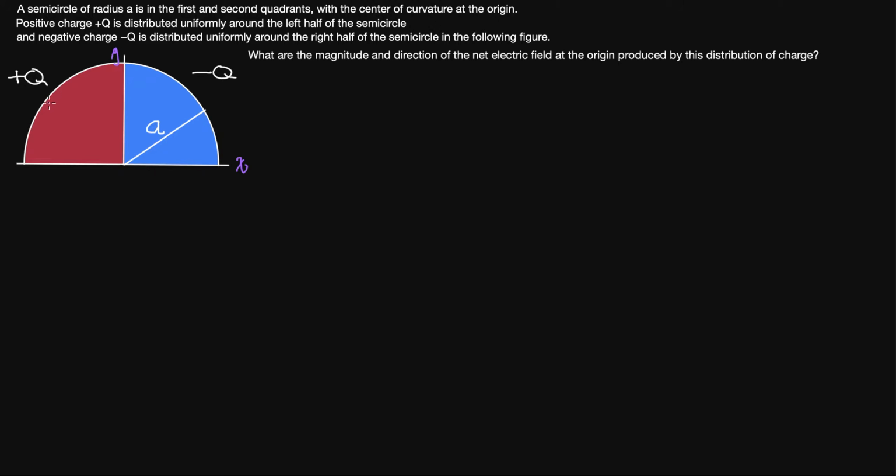If we were to draw that on here, we could see that, let's say, this point on the positive side of this semicircle would be contributing an electric field here, and then maybe this one would be going over here, and these would also all be kind of bending towards here. There would be some overlap, but remember, electric fields can't intersect.